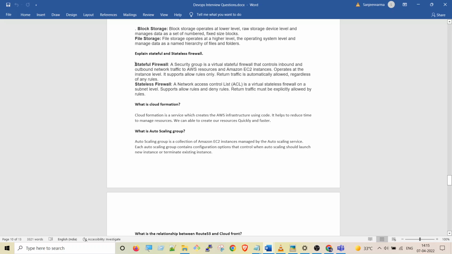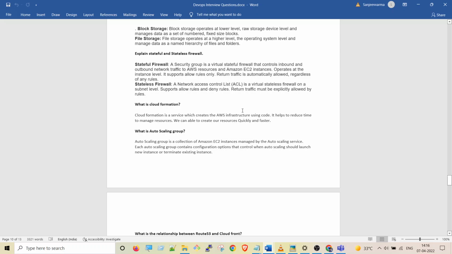Okay. Yeah, that's related to AWS, right? So I think you are in the right direction. For a few resources, we just need to mention inbound rules, and by default, outbound traffic rules get configured.